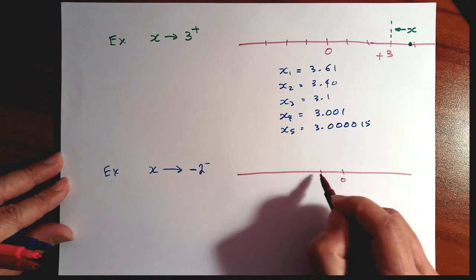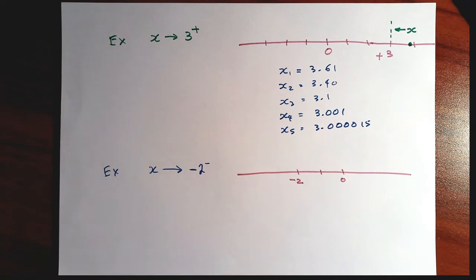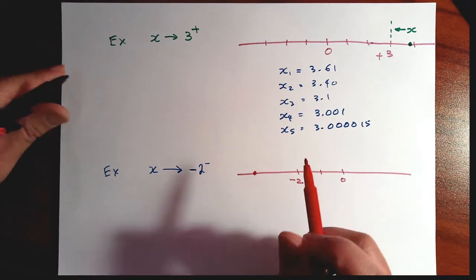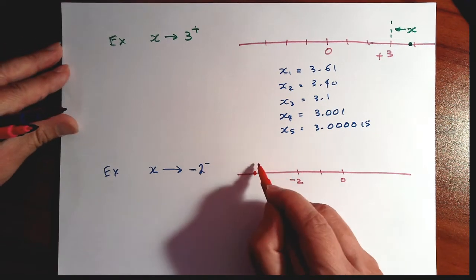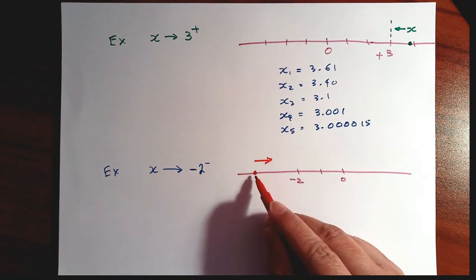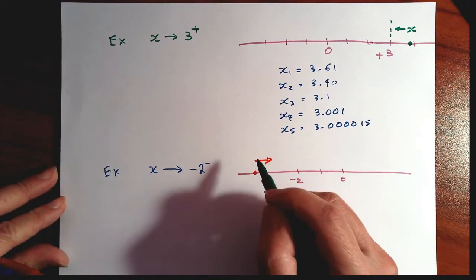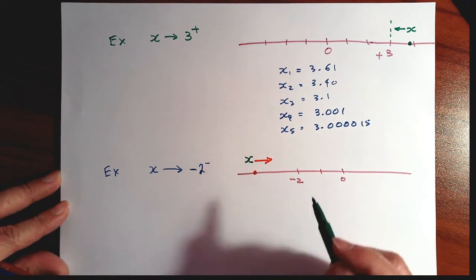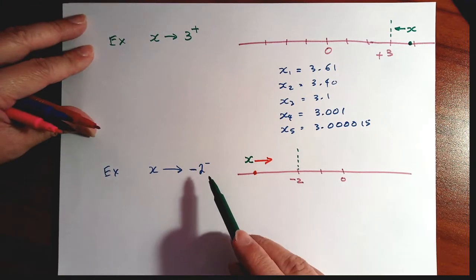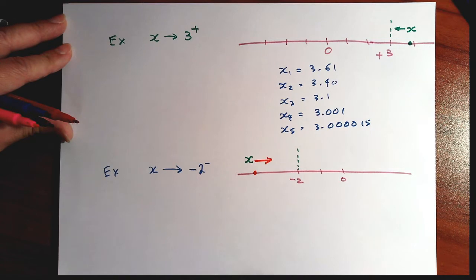Zero, 1, 2, -2 from the negative side means x would be here and approaching -2 from the negative. Approaching -2 does not mean it gets to -2, it just gets closer and closer to -2.